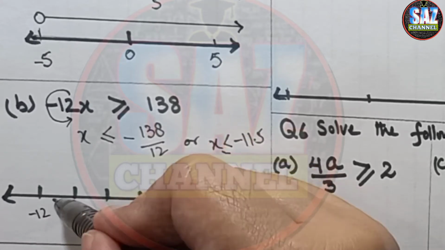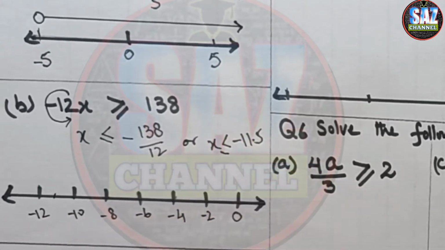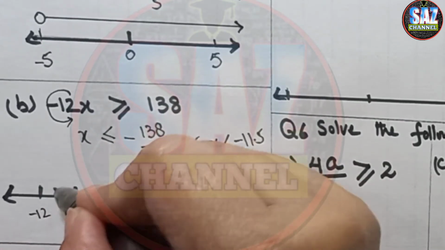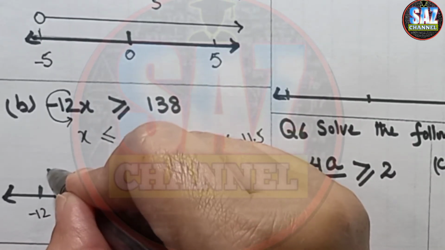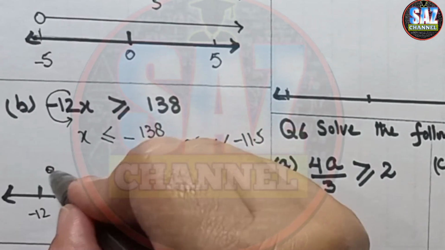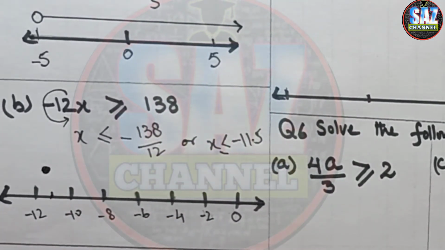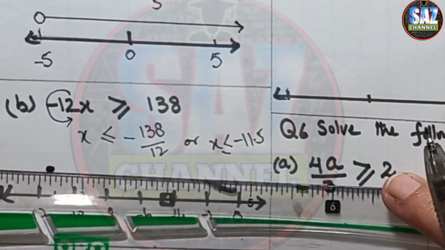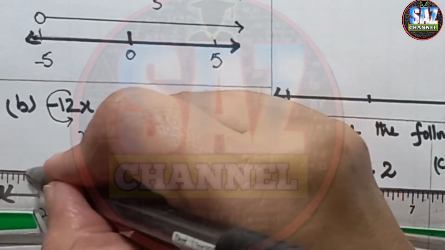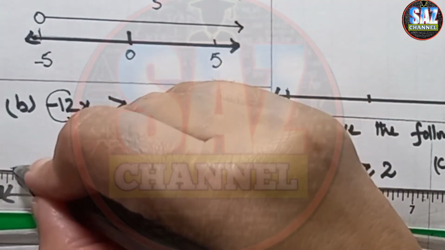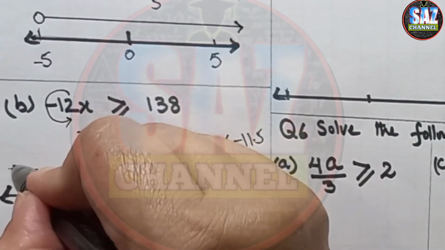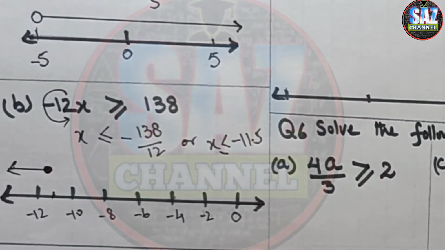We will have 11, and a little before that, this is 11.5. I need the values of x which are less than this. So the solution will start from this, and the number line will move towards the left hand side, and this will be the representation of this situation on the number line.